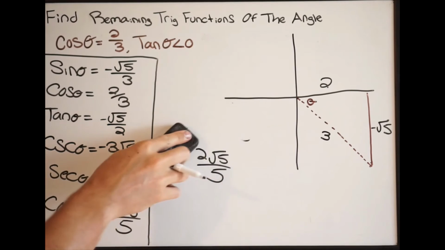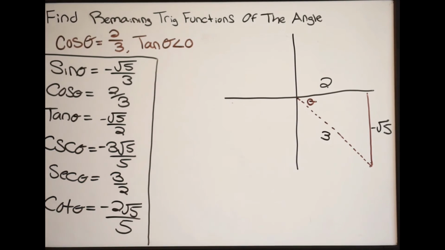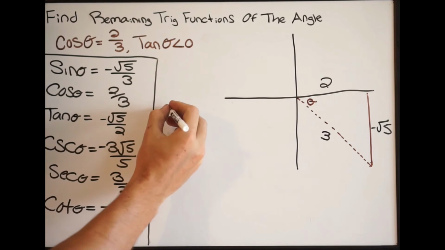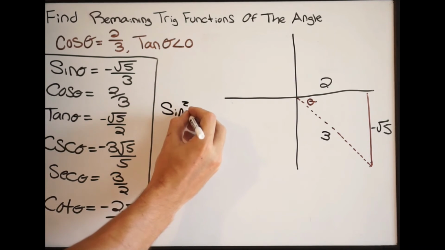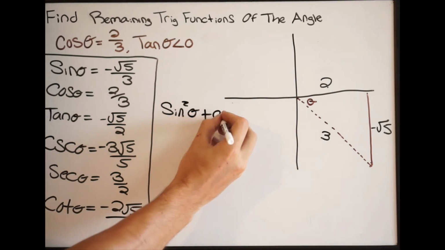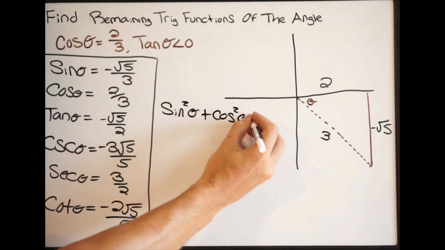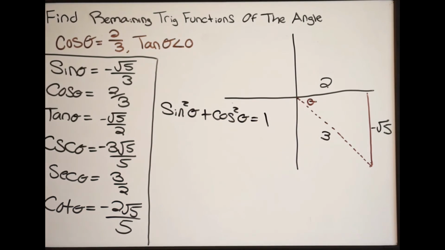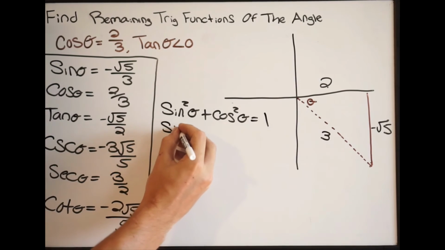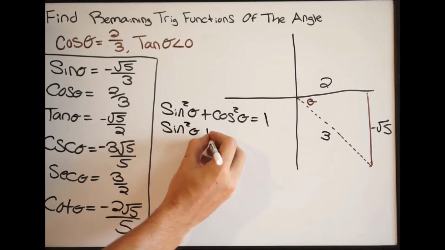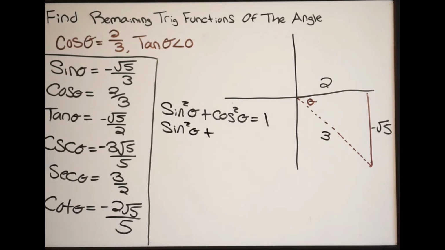So let's erase this. For option 2, you can use an identity. And that identity is going to be the following, where you have sine squared theta plus cosine squared theta equal to 1. And then you're just going to go ahead and fill in your information. So we have sine squared theta plus, well, we know cosine is going to be 2 over 3.